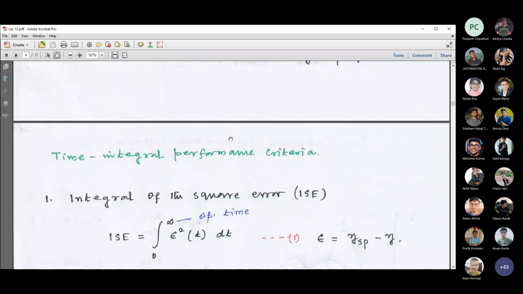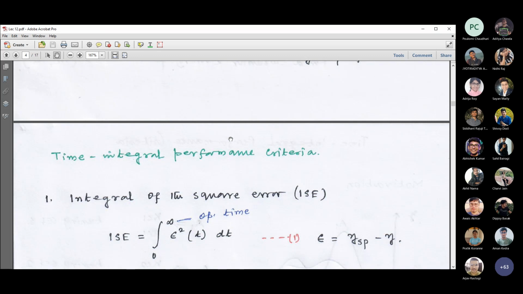What are those? This is one such criteria, integral of the square error. So we are representing this by ISE. It is integration of error squared, ε²(t) dt. And here epsilon is error, and that is Y_SP minus Y. See, the upper limit of the integration is infinity, but that is actually the operation time.